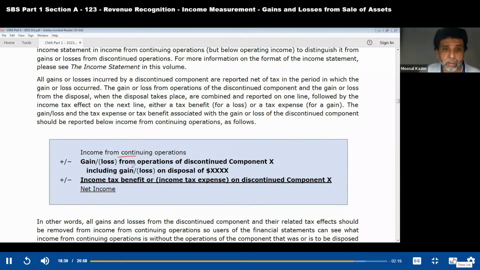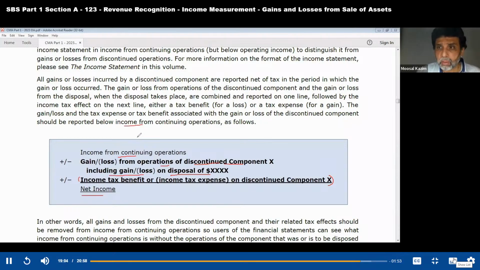Then the gains and losses from operations of the discontinued component should be shown separately, including gain or loss on the disposal of the assets. You can include it and then show the net income tax benefit or loss or expense as a separate line item and then arrive at the net income.